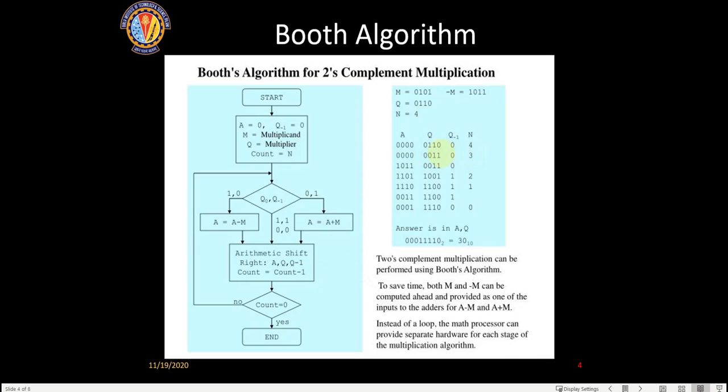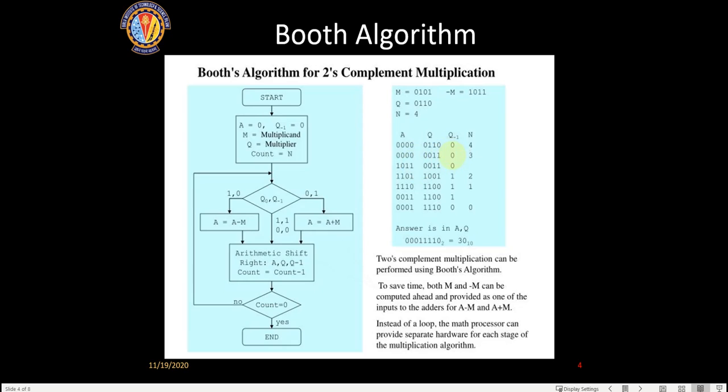In the next cycle, if you see, it is 1 and 0 here. If it is 1 and 0, that means A has to be replaced by A minus M. M is stored here, so minus M is 1011. Last time we were adding A and M, here we are going to subtract M from A, because it is 10.